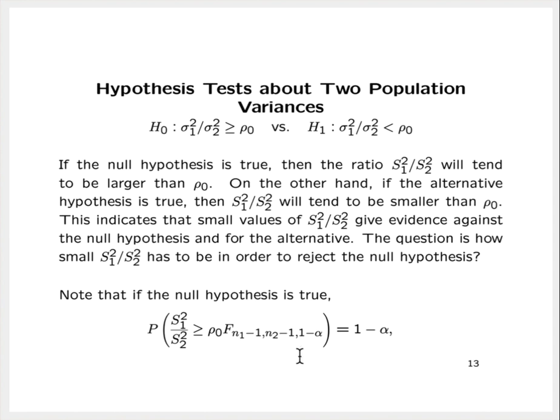By definition of the upper 1 minus alpha percentage point of the F distribution with the appropriate numerator and denominator degrees of freedom, the probability that S1 squared over S2 squared is greater than or equal to rho sub 0, the hypothesized value of that ratio of population variances, times this F value, is equal to 1 minus alpha.